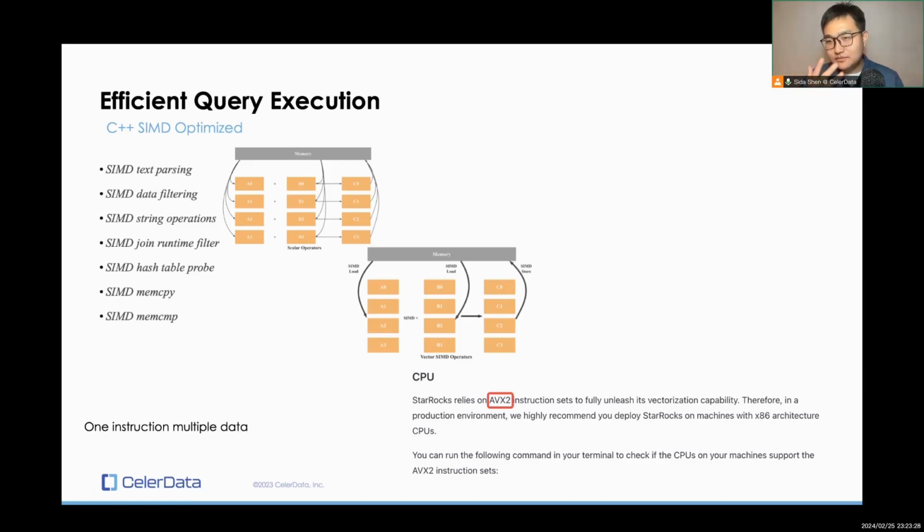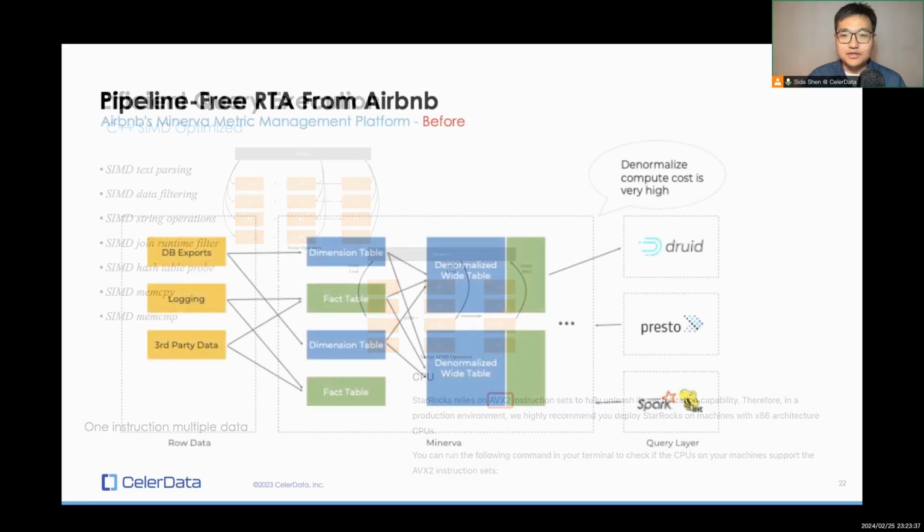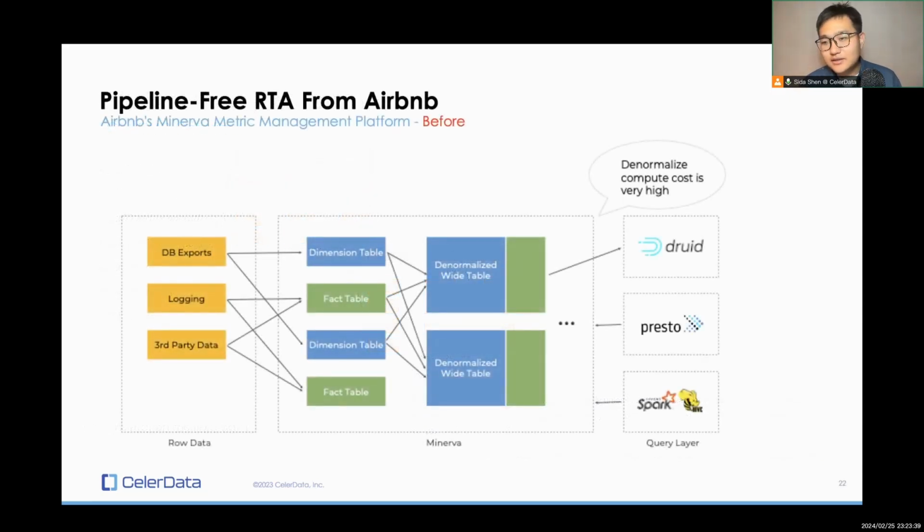Now we see a lot of theory, we see a lot of features, right? But how does this perform in the real world, in actual big systems? Can StarRocks users actually go denormalization pipeline free? So the first example is Airbnb's Minerva metric management platform.